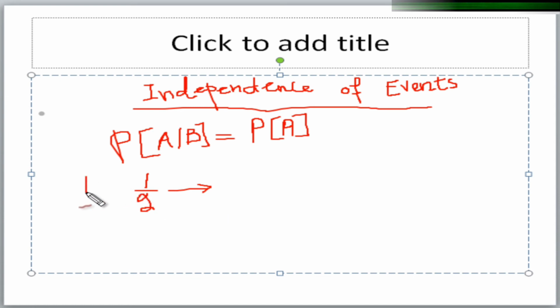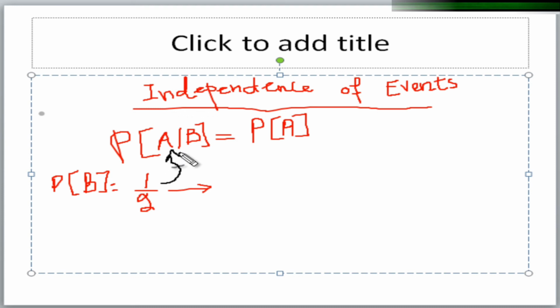Let's say this is event B, probability of B. This event B has occurred, and then I am tossing a coin again.